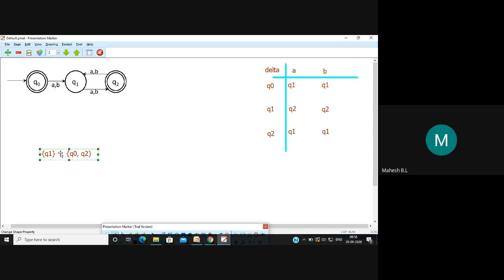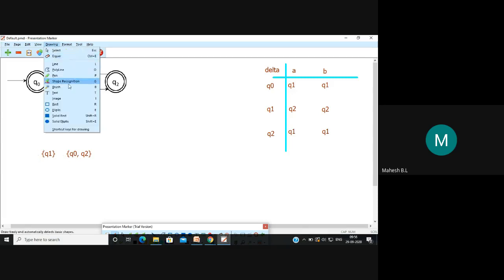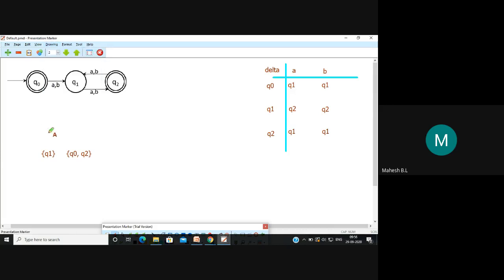The first one is always called the zero equivalence class.